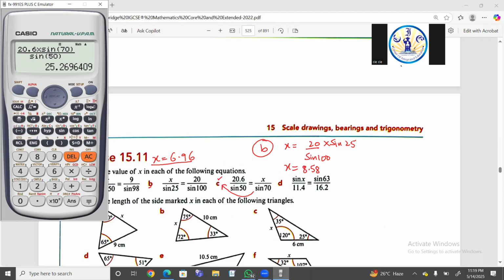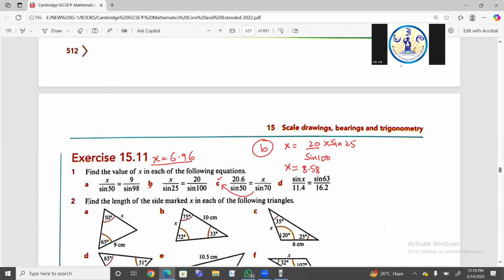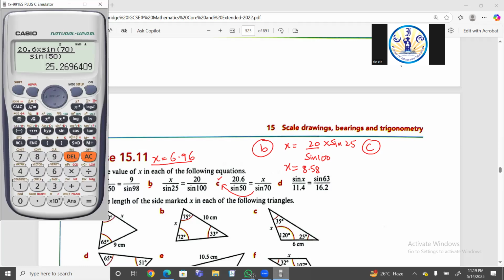And the answer is 25.269 for part C. The answer is 25.27. That is the value of x.